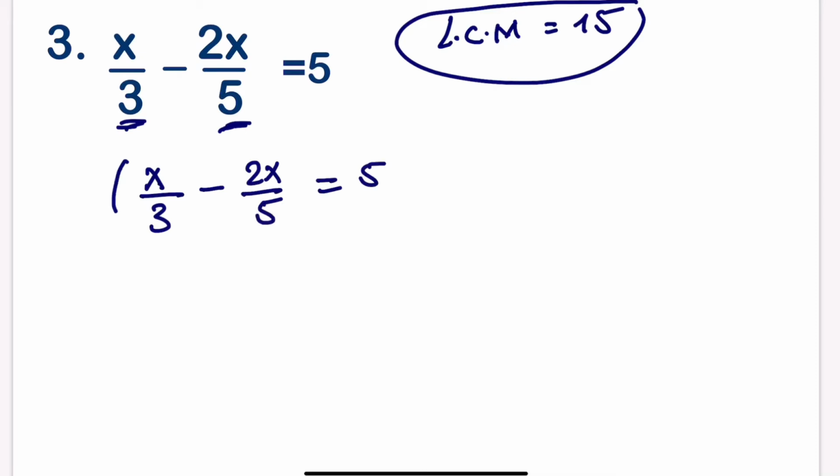Then we multiply all of these times 15. We multiply the first one by 15, and when you multiply, you can simplify at once. 15 divided by 3 is 5. So here we are going to have 5x.